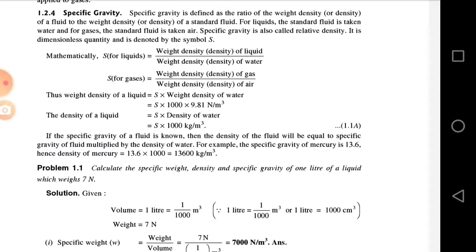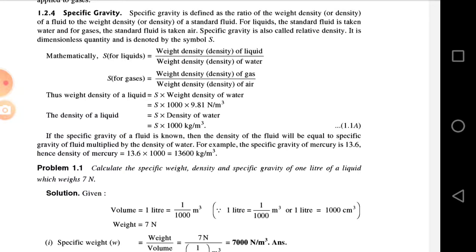Specific gravity. Specific gravity is a dimensionless number for any fluid, and it is defined as the ratio of the weight density of a fluid to the weight density of a standard fluid. The standard fluid is usually taken as water.